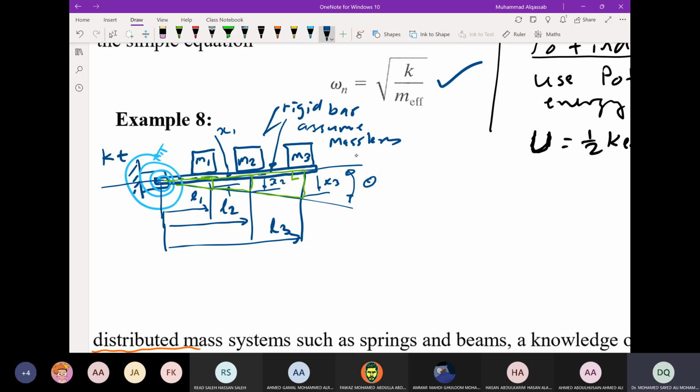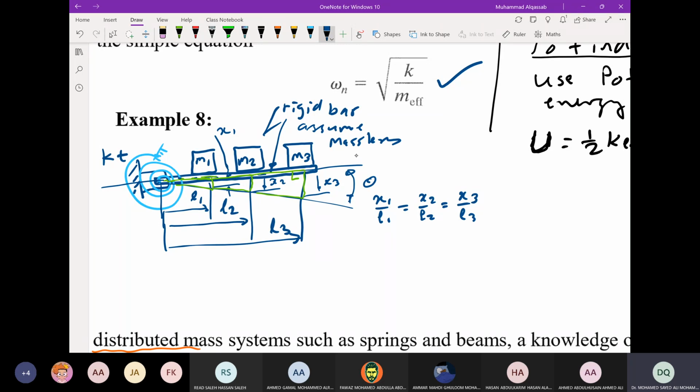So you can get x1 over L1 equal to x2 over L2 equal to x3 over L3. Since I'm using a massless bar, its kinetic energy is not counted.